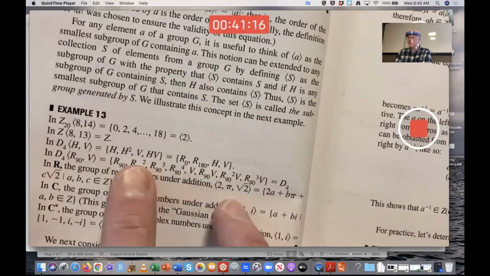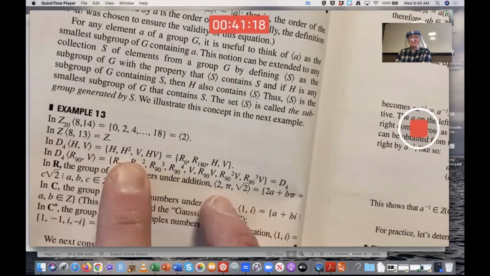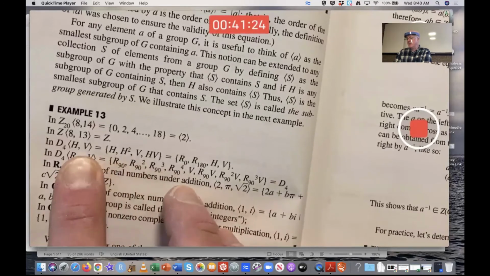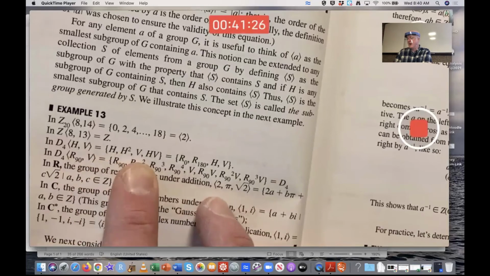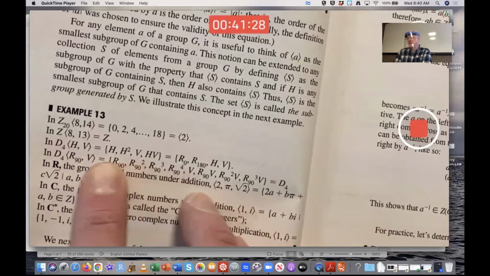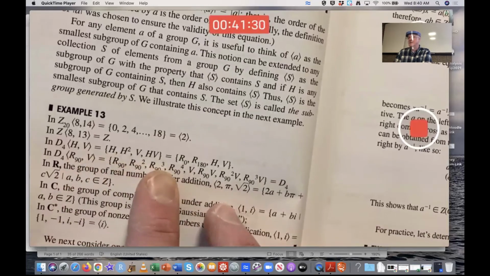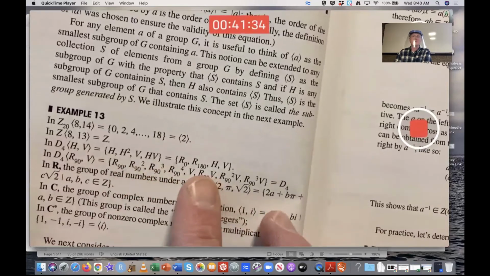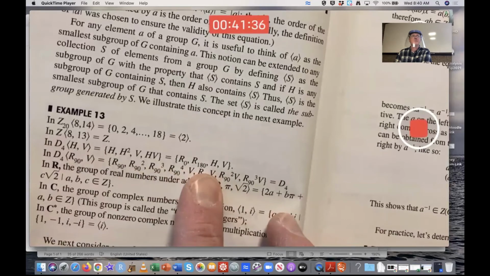And as far as computing it, so to speak, they kind of describe it this way first. In a sense, you're just trying to generate elements of this group by multiplying or composing H and V in various ways to get as many elements as you can. And if you compose them in more ways than you see here, you would still not get beyond these elements.